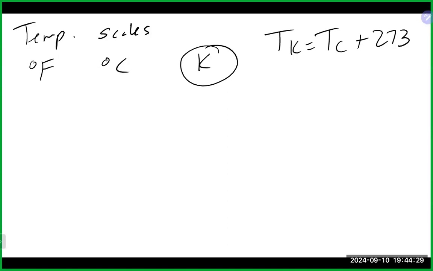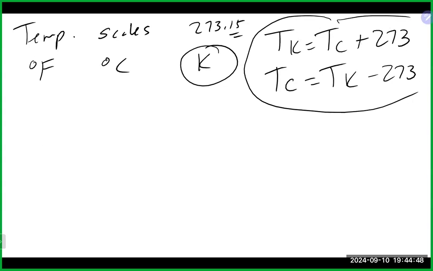If you like the 273.15, you're more than welcome to keep it, but that is really the true number. That also means if I want the Celsius and I have the Kelvin, I'm going to subtract 273 in that case. I would say probably 9 times out of 10, that's what you're going to be doing, and probably 99 times out of 100, you're converting to Kelvin.